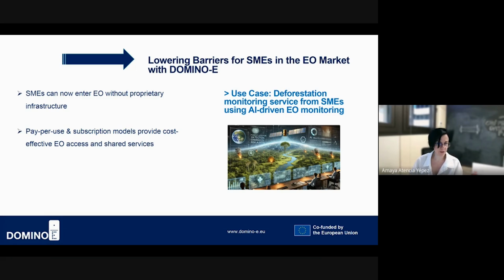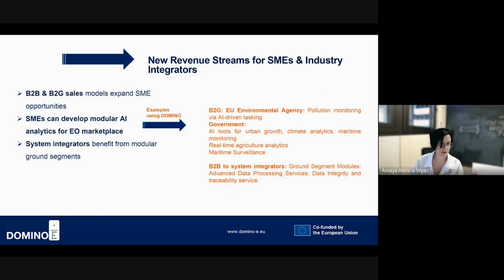In conclusion, if we go to the next one, because we are finishing in time, SMEs can now compete in the EO sector without owning their satellites or ground infrastructures, by leveraging the federated multi-mission access provided by the DominoE concept.